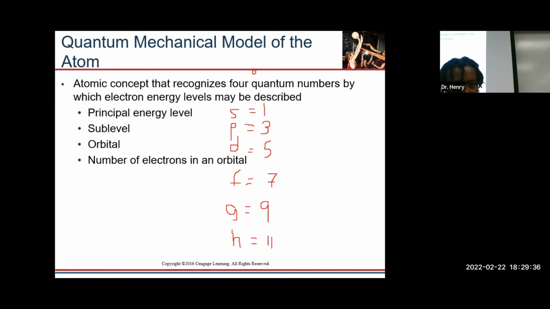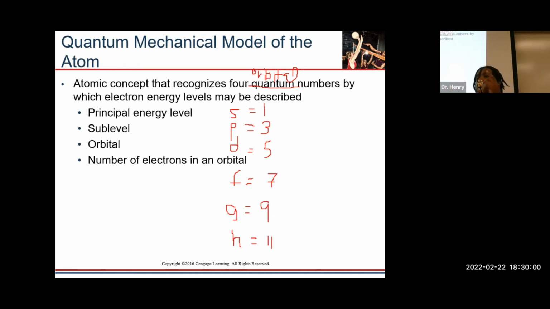Now, each orbital can hold 2 electrons, one with a positive spin and one with a negative spin. It's important that it is a positive spin and a negative spin, because if they're both positive, that causes destruction. It's not going to be a good thing.